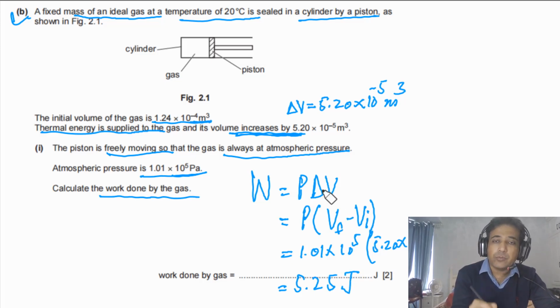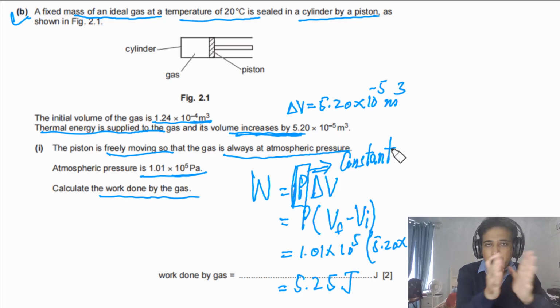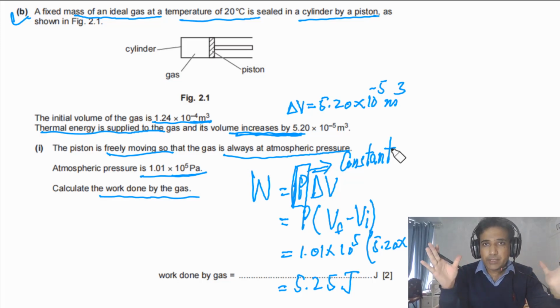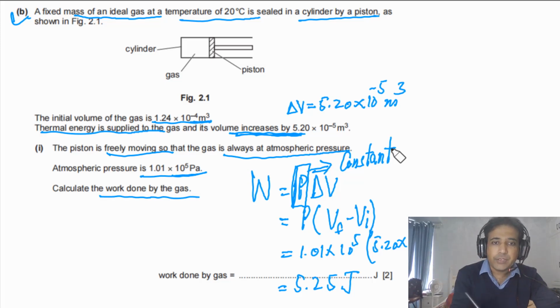Also, this formula is only used if P is constant. So P has to be constant. They can ask you this question in different ways. This formula is only valid if P is constant, when the gas is expanding or when the gas is compressed. So the answer for this question is 5.25.